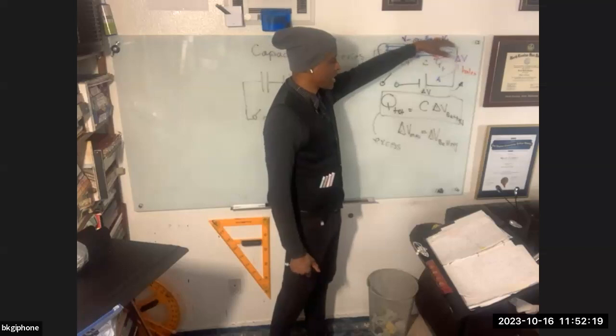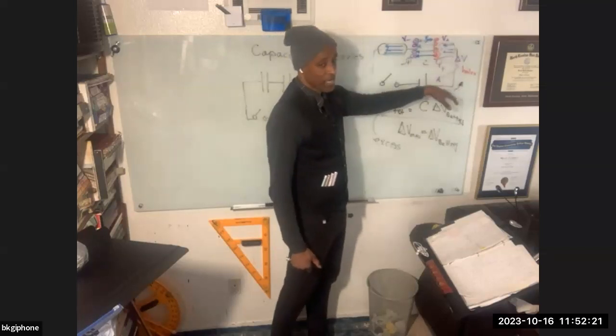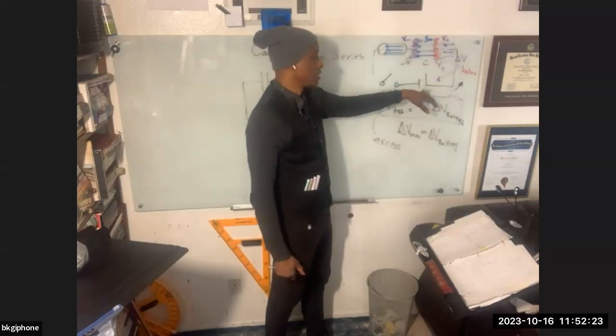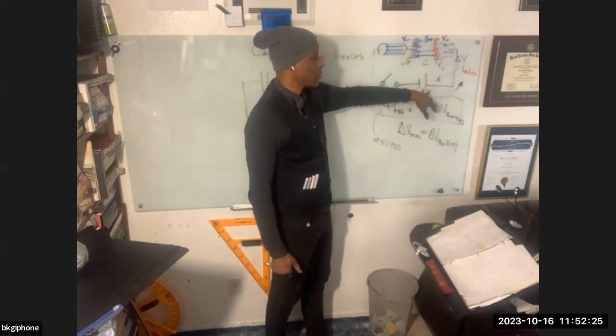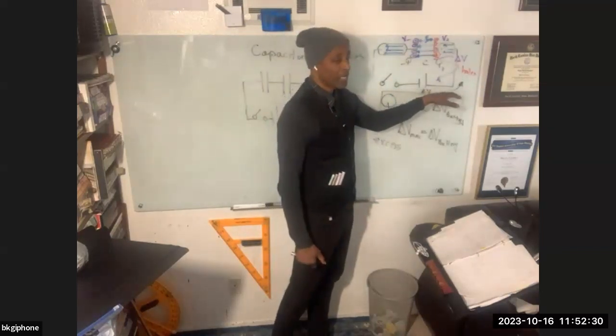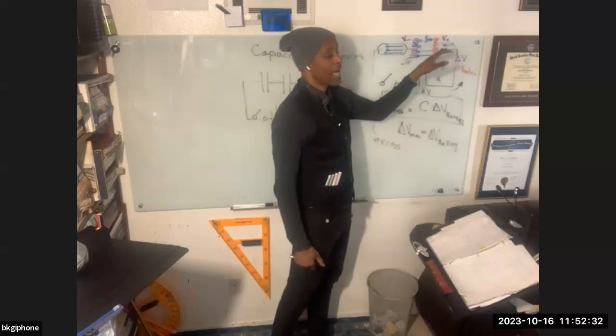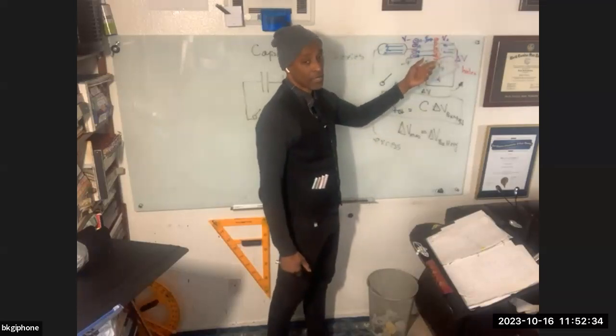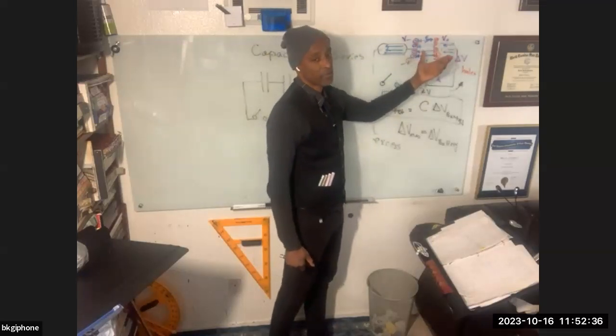But the capacitor cannot also push current back in the opposite direction, because it's equal, because the battery has the same strength. So the current starts at a maximum and then dies down to zero as the charge on the capacitor starts at zero and then charges up to a maximum.